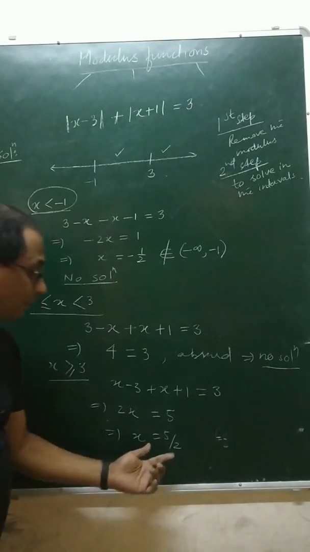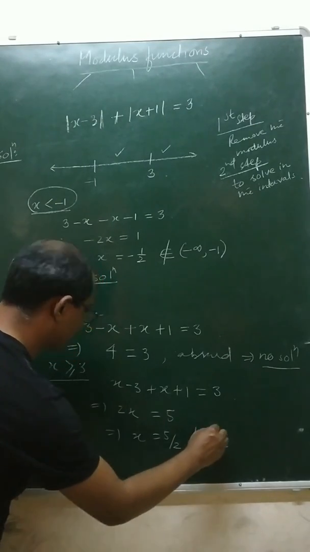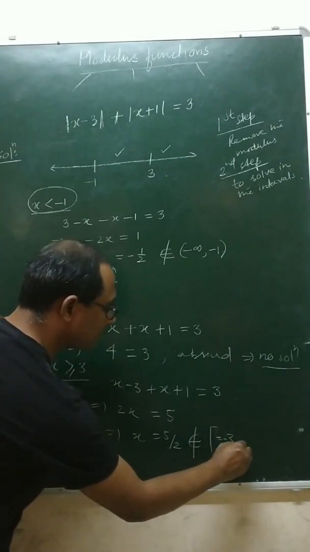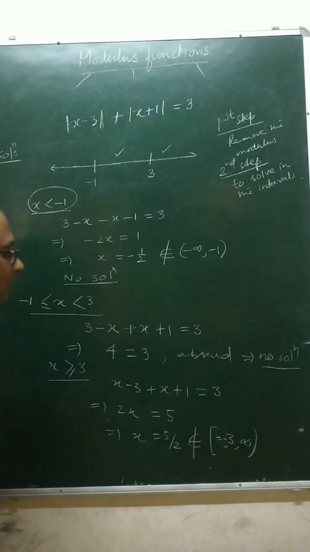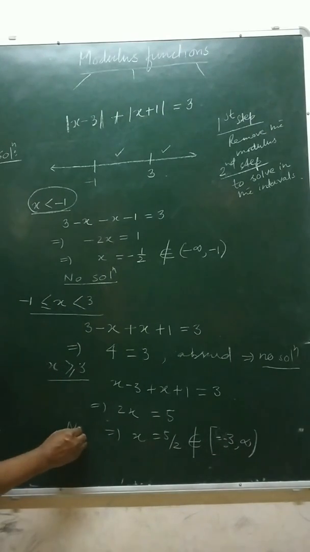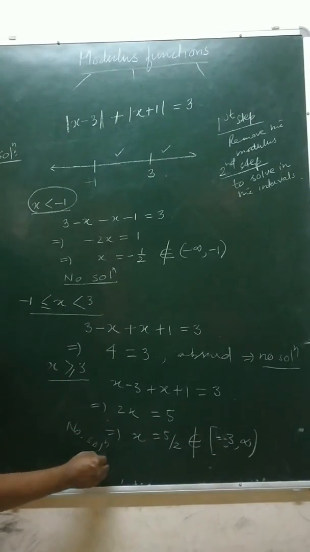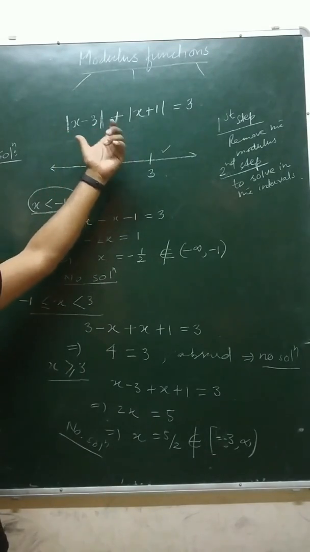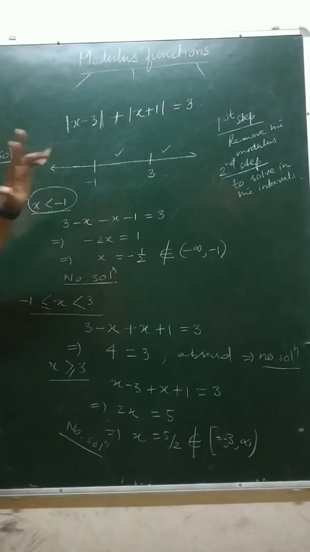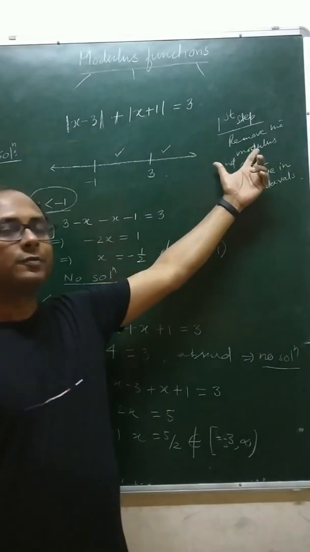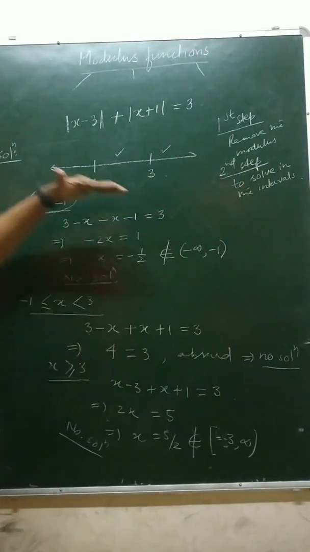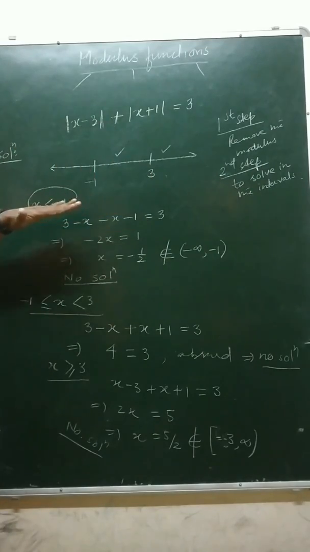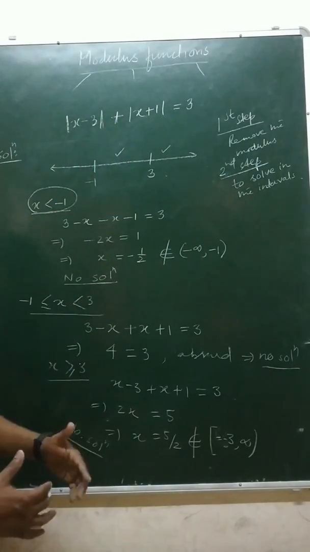But again, 5 by 2 does not belong to the interval which we have taken, 3 to infinity. So here also there is no solution. So this is the way to solve an equation involving modulus. The 2 steps: we have to remove the modulus, and the second step, we have to solve the entire equation in the intervals given by the critical points.